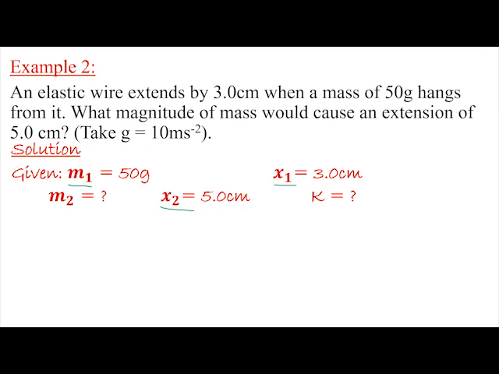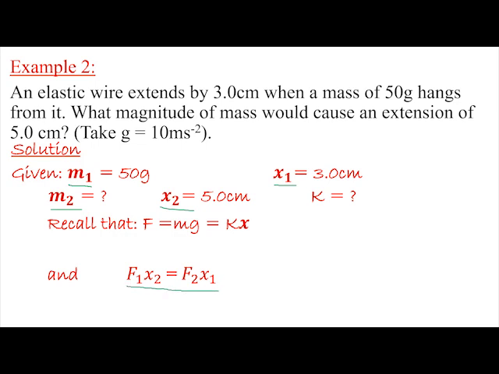On the other hand, if we recall that F is equal to mg, which is also equal to Kx, we could come out with this relation, and by further expanding the relationship, we could see this relationship coming out.